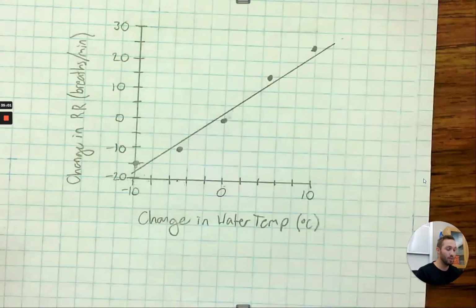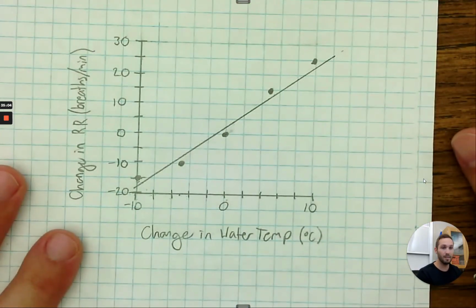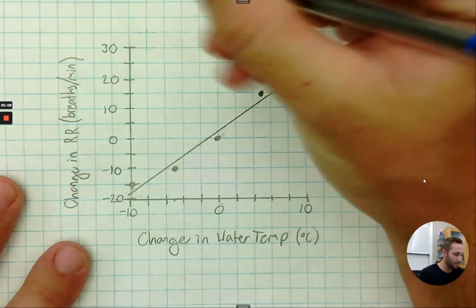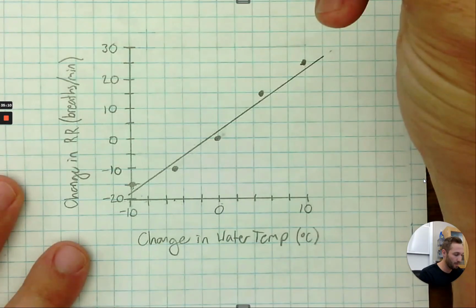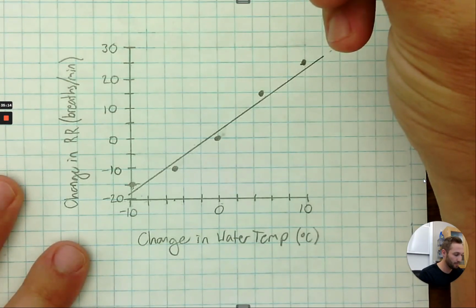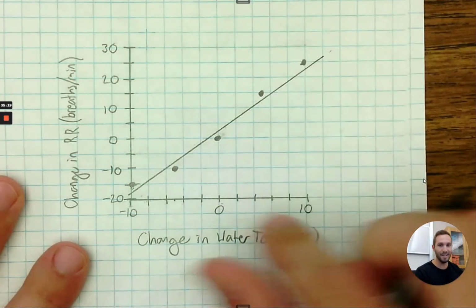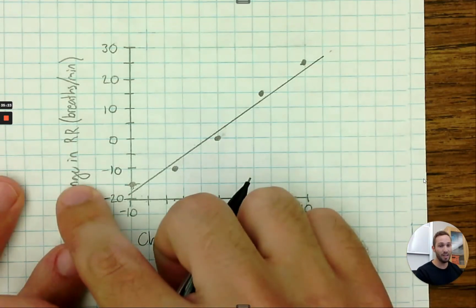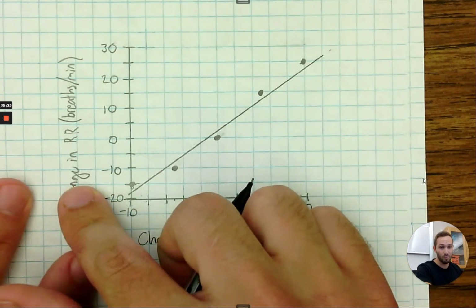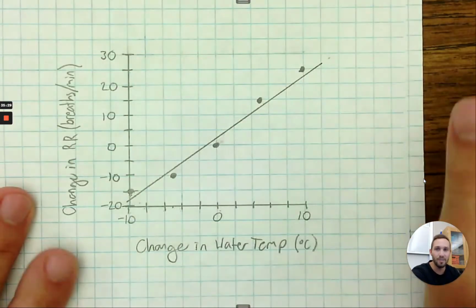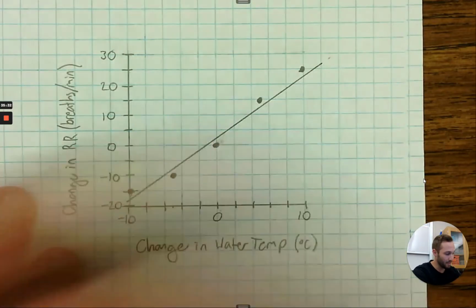And then you would want a descriptive title here. I could just make it as simple as the effect of changes in water temperature on fish's respiration rate. A lot of times the titles should be long and descriptive. So let's just write that.